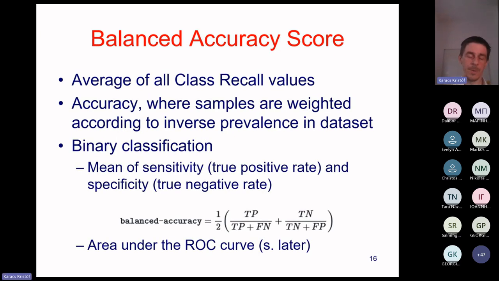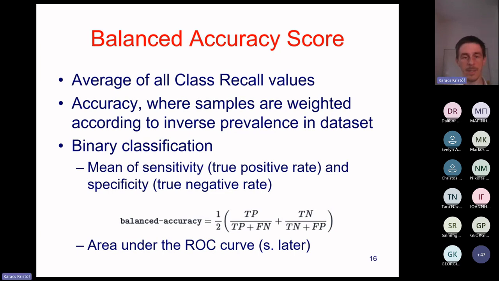So one possible solution, and probably the easiest one, is to go for balanced accuracy scores, where we basically compute recall values for all the classes separately, and we take the average of them.